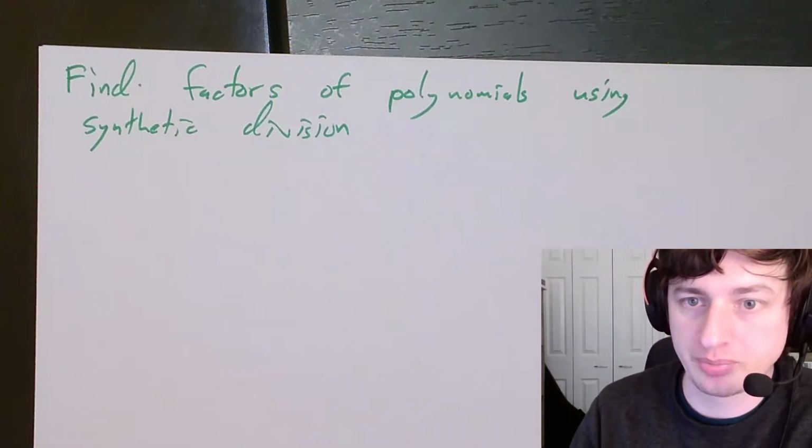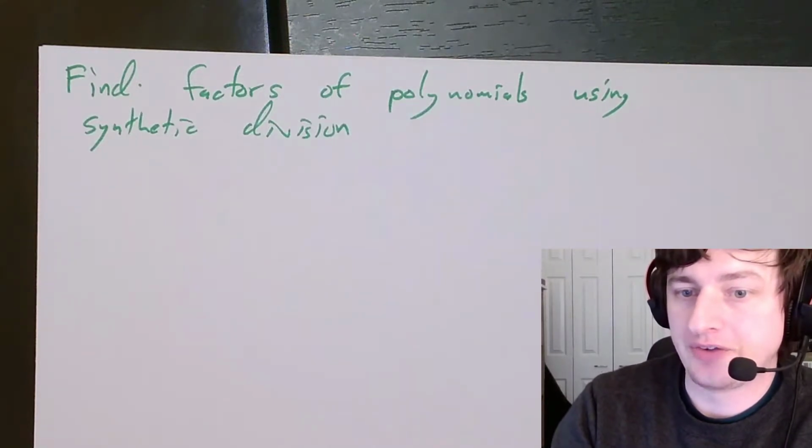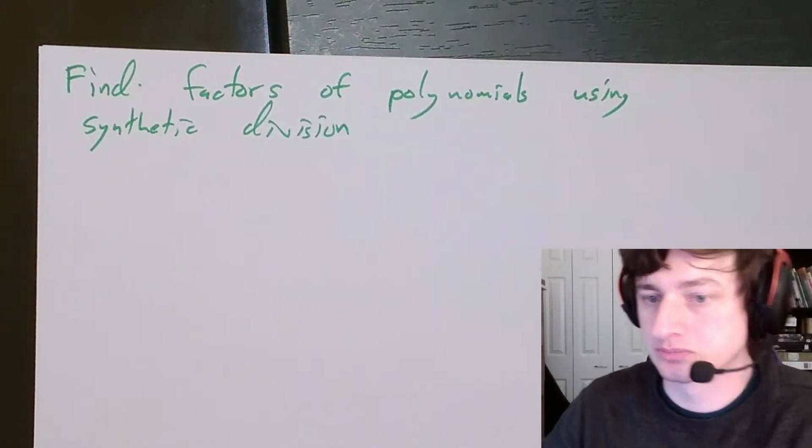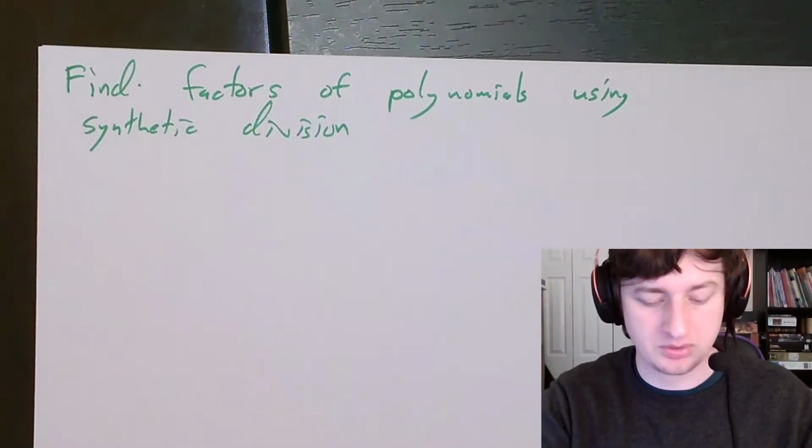Okay, so there's a couple ways to do this. We're going to use the factor theorem, which is part of the remainder theorem. So let me use a different color.